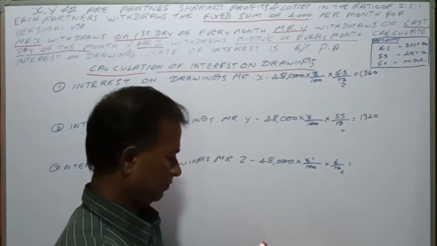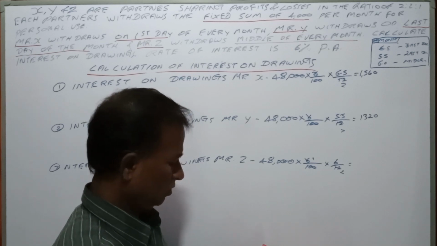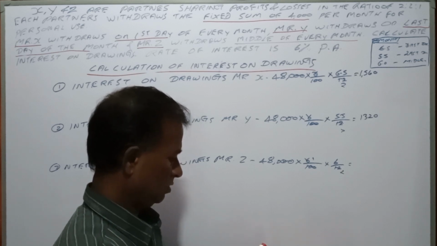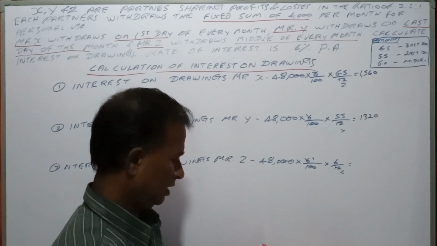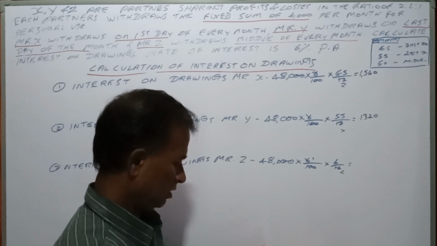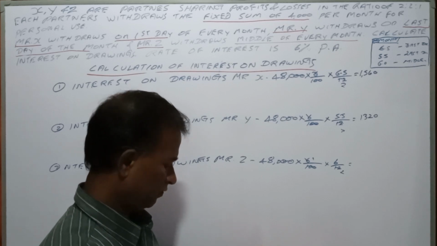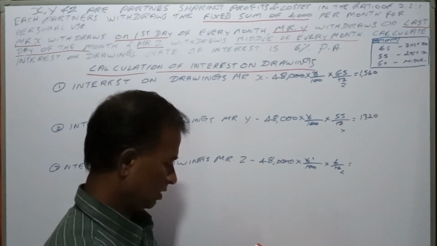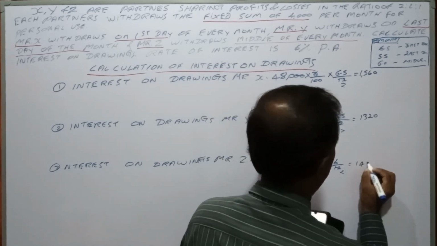480 into 6 divided by, it is wrong, 480 into 6 divided by 2, that means 1440.